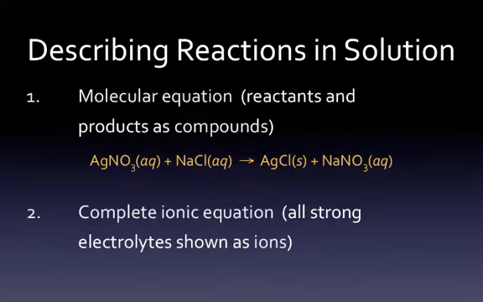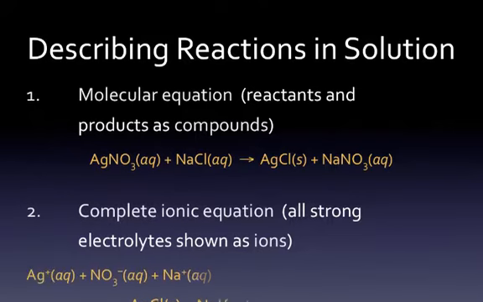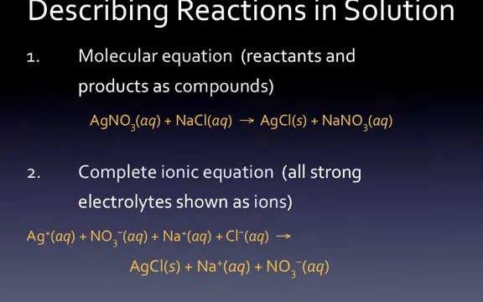In other words, anything that makes ions, you really should show living as ions, not as together. So here's that same equation written as a complete ionic or full ionic equation. And notice all I did was split up anything that's ionic and that is soluble. The only thing I didn't split up was the silver chloride, because it's actually a solid on the bottom, so it wouldn't exist as ions floating in solution.